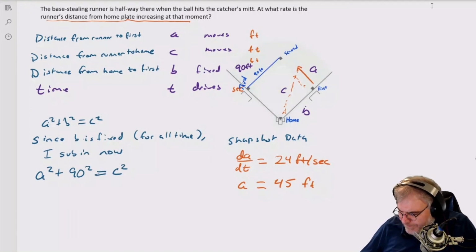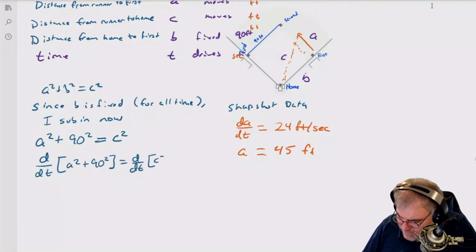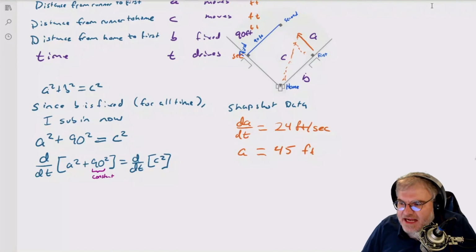Equals C squared. So now I take the derivative of both sides with respect to t, and I get d over dt of A squared plus 90 squared equals d over dt of C squared. Sum rule, this is a beautiful thing. This is a constant. See why I didn't bother with the 90 squared? It's a constant alone.